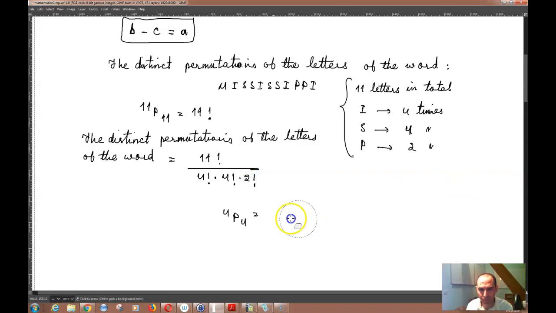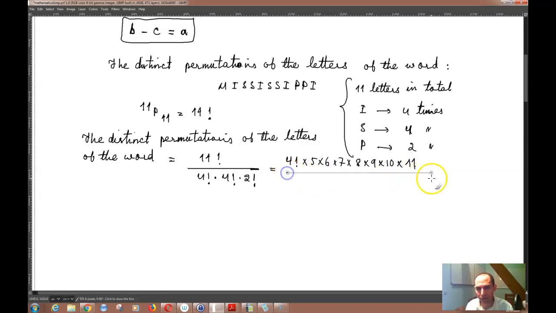And so what that means is that this is equal to 4 factorial times 5 times 6 times 7 times 8 times 9 times 10 times 11, and divide that by 4 factorial times 1 times 2 times 3 times 4 times 2.